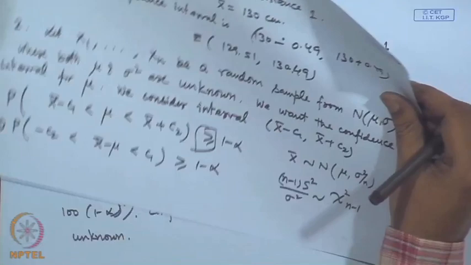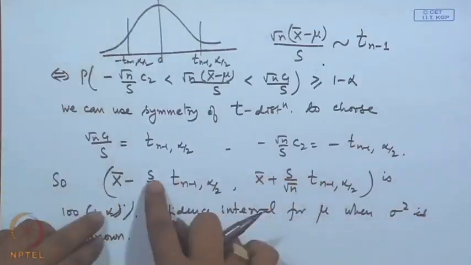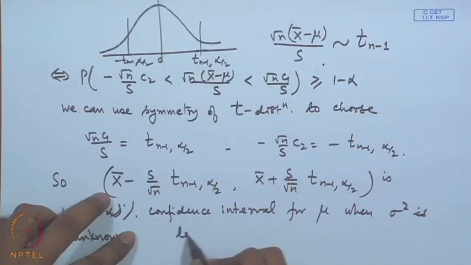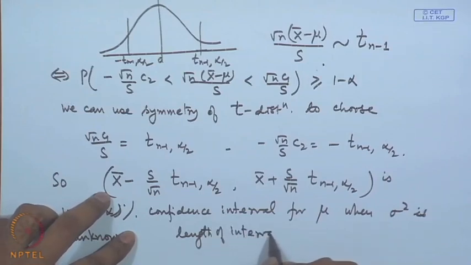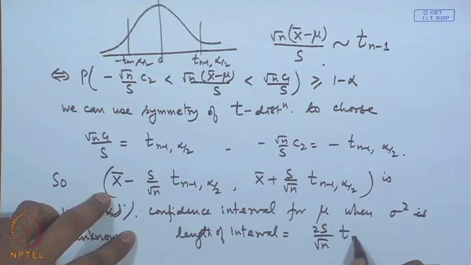In this case, the length of the interval is equal to 2 s by root n t n minus 1 alpha by 2, which is random.